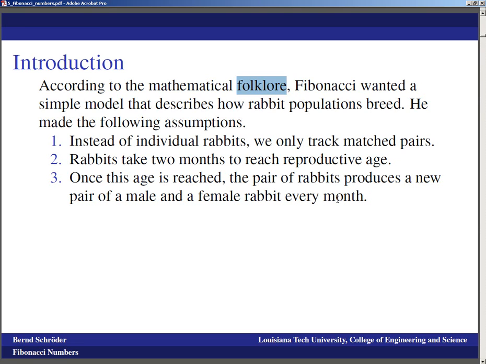However, as a first model, this is actually pretty good because the numbers are simple. And when you talk about reproductive age versus gestation period and producing new pairs of rabbits, it's probably not too far off if you scale it, if you go in, not in terms of months, but in terms of gestation periods or so. It may actually work out rather well.